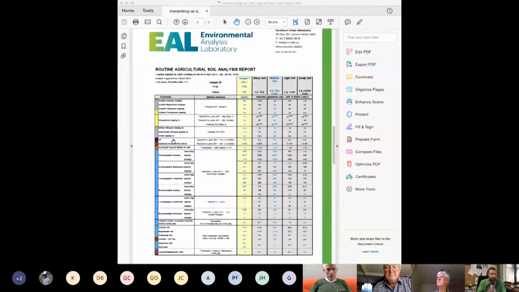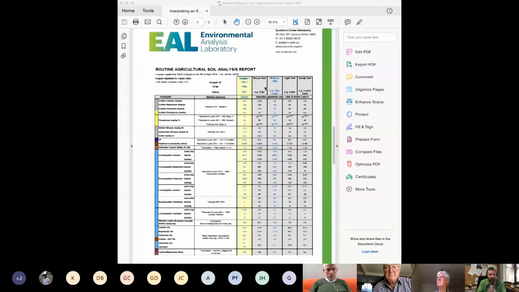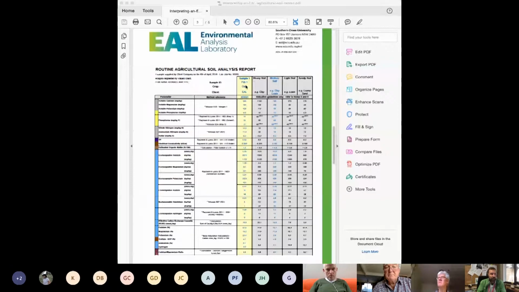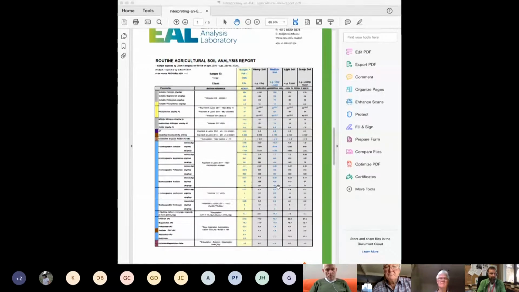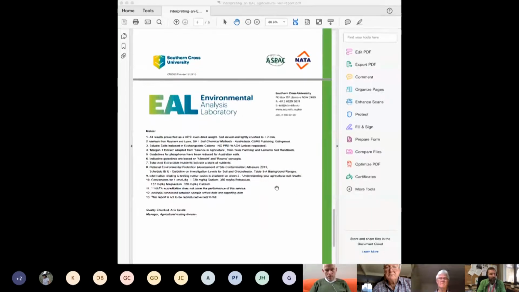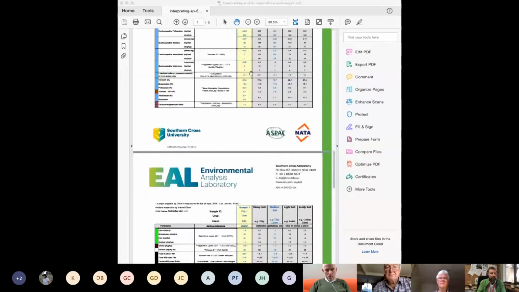And then there's an example report there with guidelines for heavy, medium, light and sandy soil, and then an example of just a miscellaneous oats sample that someone sent in and comparing it back to the medium guideline. And I'll go through that in more detail now, but you can see it all through there. A few more notes that are at the bottom of the report, and I'll email that to Dean. Or I'll go on to the presentation now.